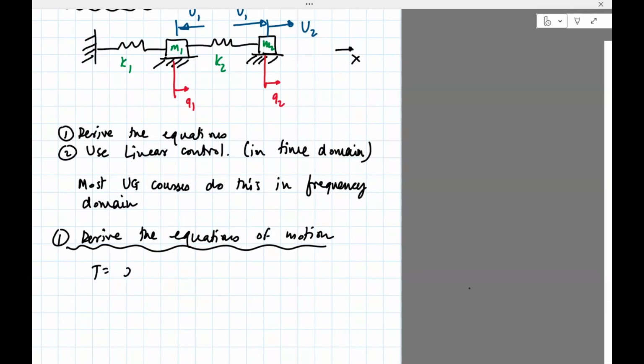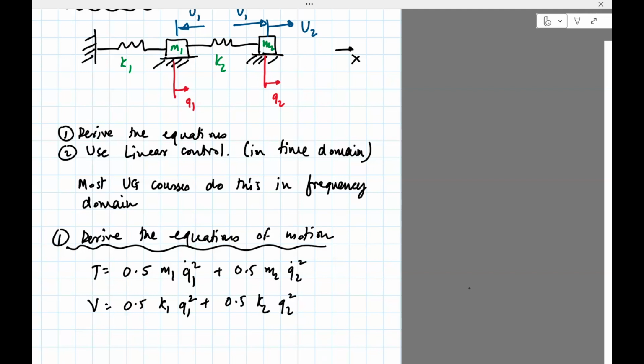It's going to be 0.5 m1 q1 dot squared plus 0.5 m2 q2 dot squared, and then V equals, here the potential energy is not due to gravity, but due to spring force. So that is 0.5 k1 q1 squared plus 0.5 k2 q2 squared.